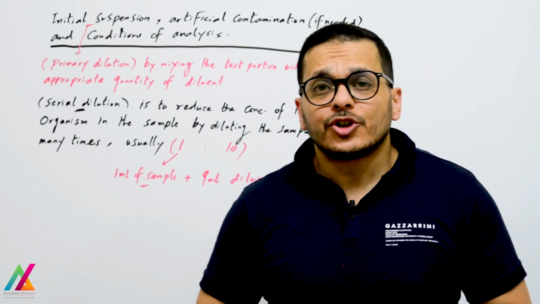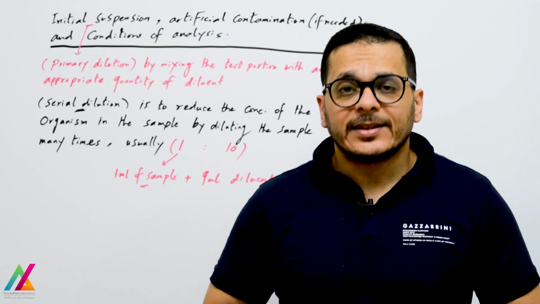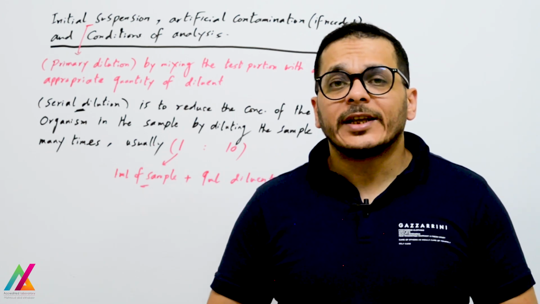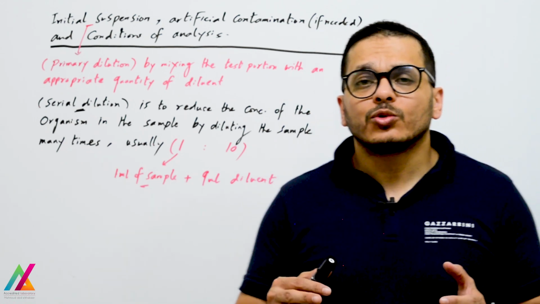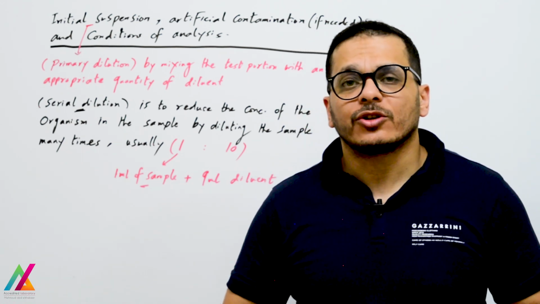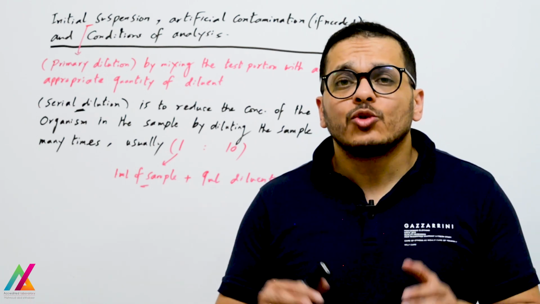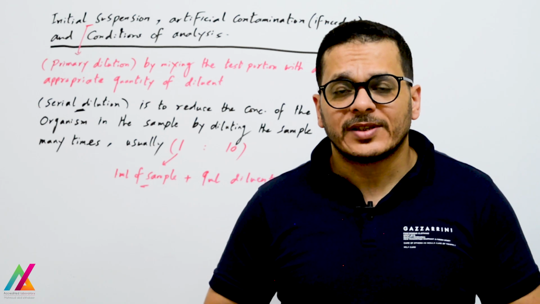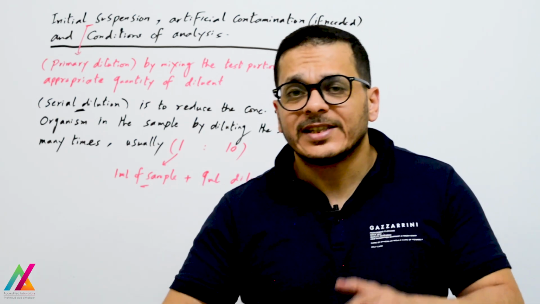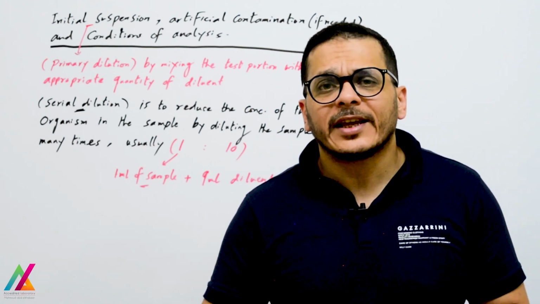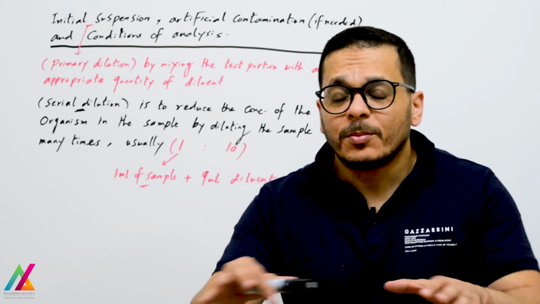So the initial suspension is the first dilution of the test portion by the diluent, and then sometimes you will need to make serial dilutions for the sample. If you don't know the expected concentration of the target organism in the test sample, in this case you have to make serial dilutions, to be able to count the number of colonies, because you can only count from 200 up to 250 colonies on the plate.